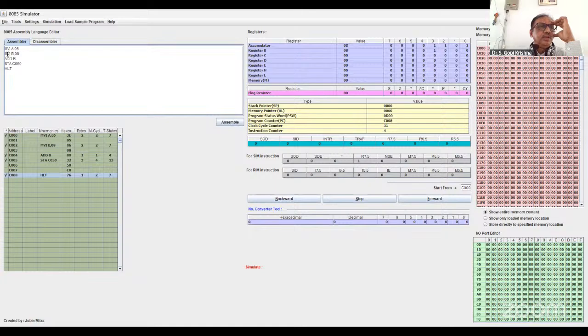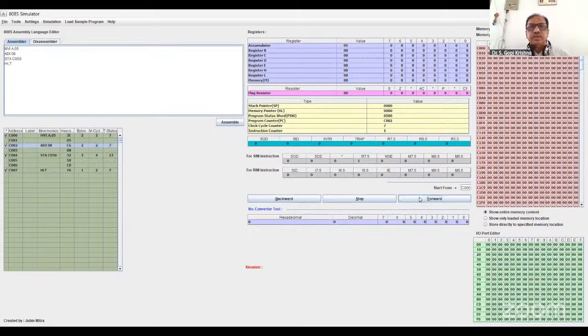Then instead of this, I will write ADI 08. So I can remove this instruction. Again, assemble the program. Then this also gives the same result.